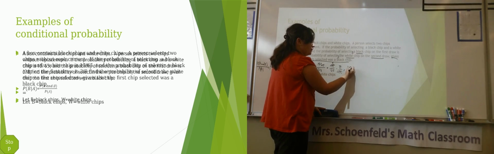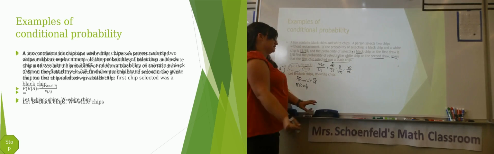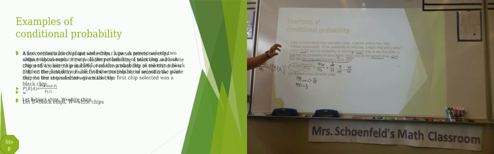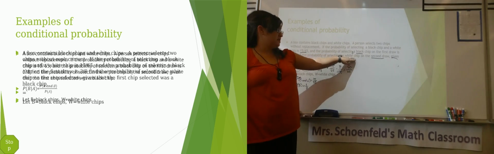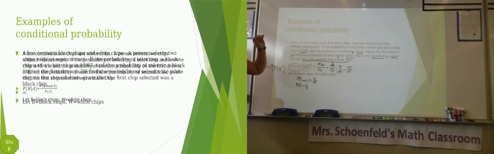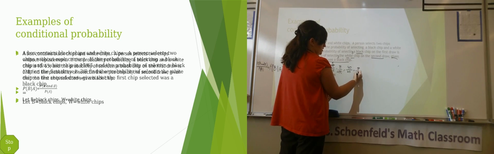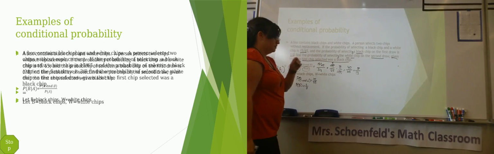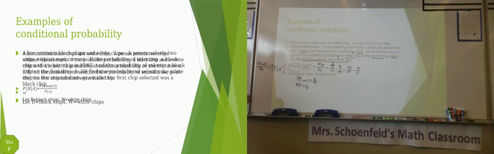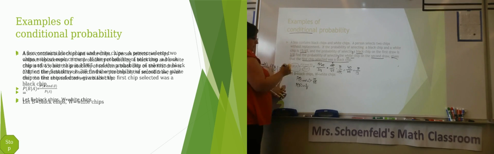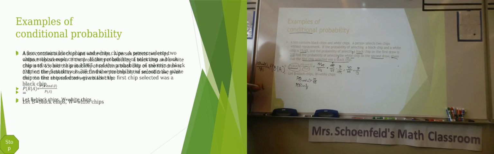So I'd have 40/65 would be the chances of getting a white chip on the second draw, given that the first chip was a black chip. Okay, so that's what those will look like. So those are the conditional probabilities. So this little piece right here would be what you're looking for if it asks you to find the conditional probability.